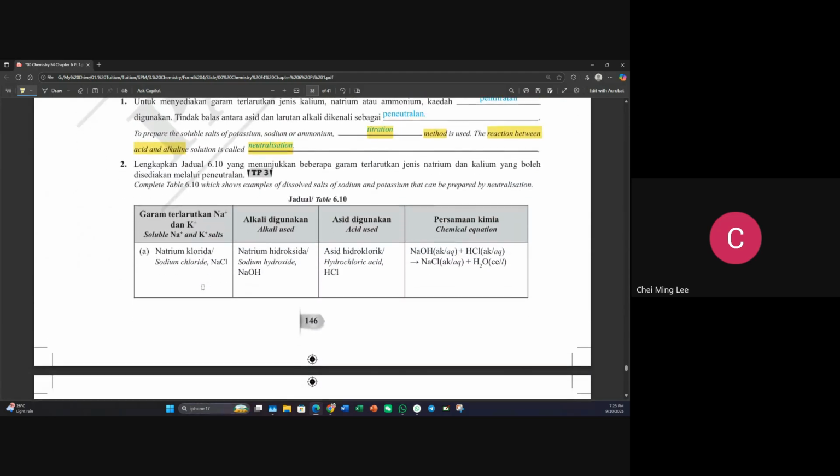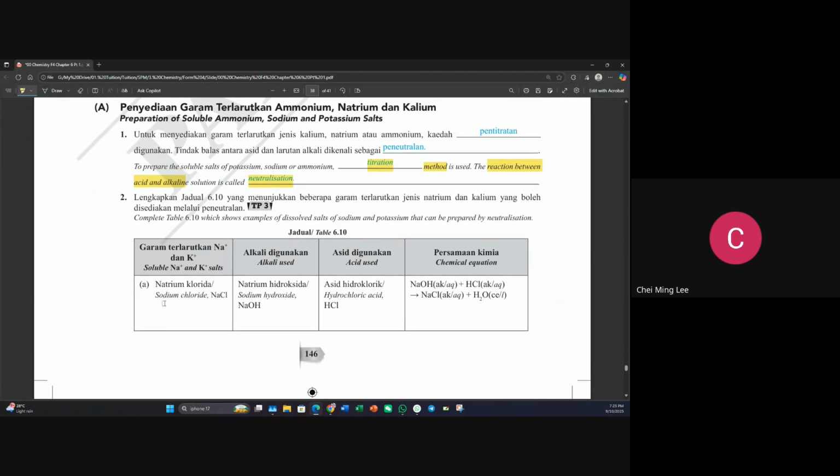For example, if you want to get sodium chloride, we use sodium hydroxide with hydrochloric acid, and it becomes sodium chloride in aqueous solution with water.